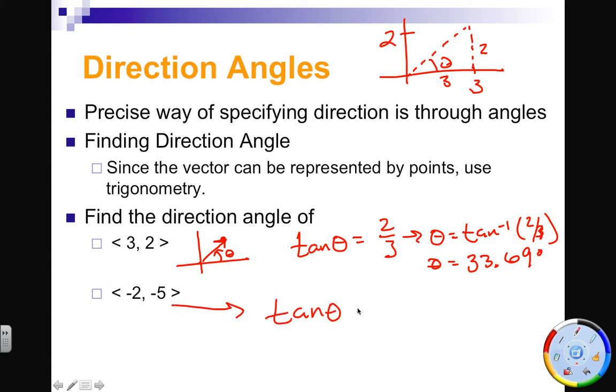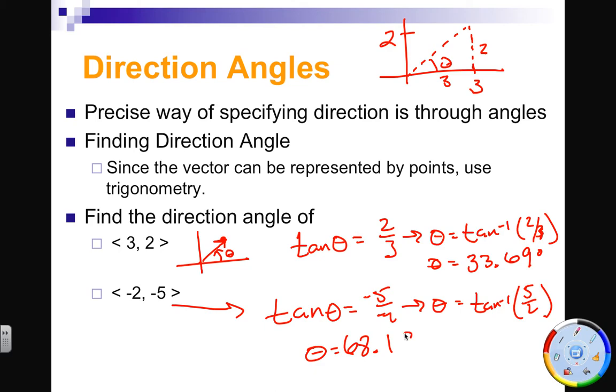Likewise, on this version, tan theta equals y over x, so negative 5 over negative 2. So theta is equal to tan inverse of 5/2, which is 68.2 degrees, technically, for rounding. However, you better be paying attention, because 68.2 degrees is in quadrant 1, but this vector is in quadrant 3.